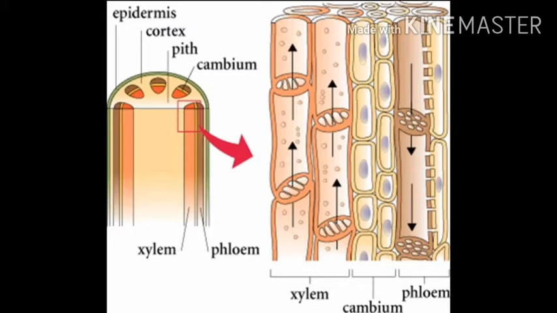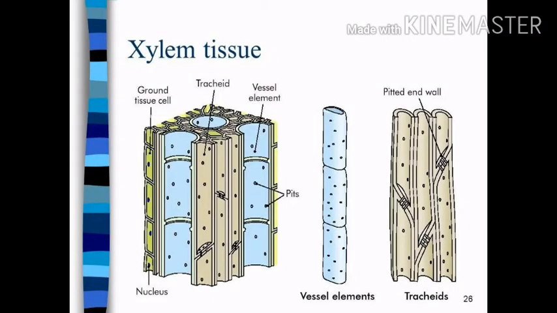These complex permanent tissues we can mainly divide into two, that is xylem and phloem, which are the examples of such complex tissue. Today we will discuss the complex permanent tissue. So now, one by one, we are going into the details of the xylem and phloem.